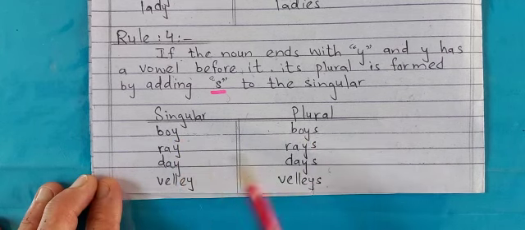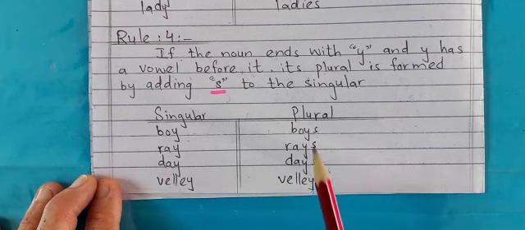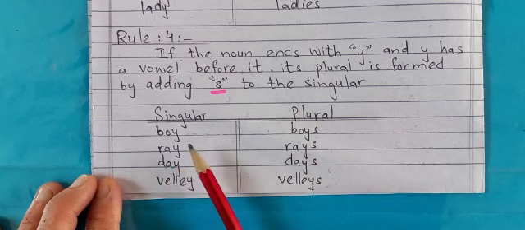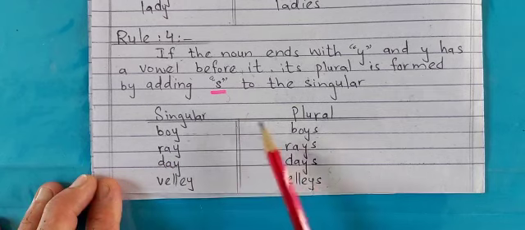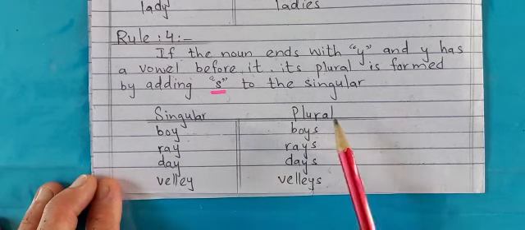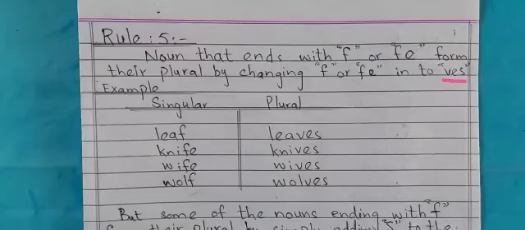Ray, A is a vowel, so I just put S in the end. Day, A is a vowel, so I just put S in the end. Valley, E is a vowel, so I just put S in the end. So whenever the words end with Y but there is a vowel before Y, then you don't have to remove Y, you just put S in the end of this word to make it plural.